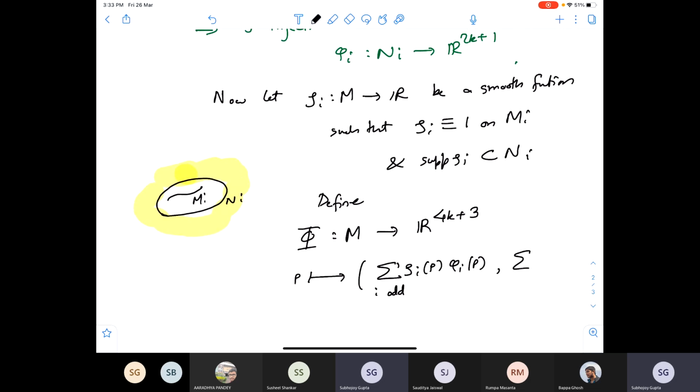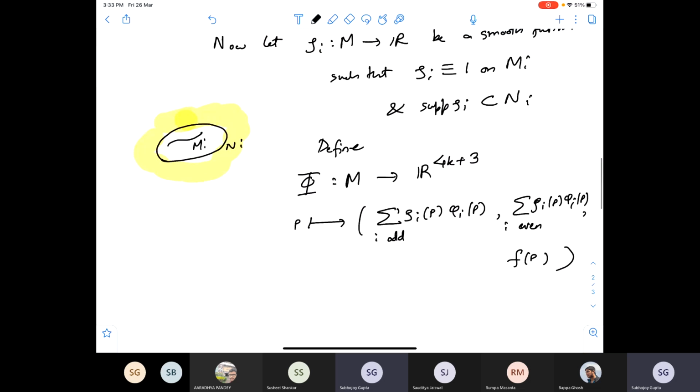And then the summation of phi I of P where I is even, and why even and odd should become clear in a minute, and comma f of P.